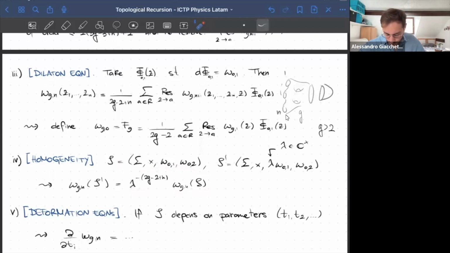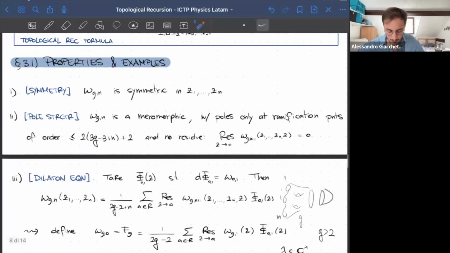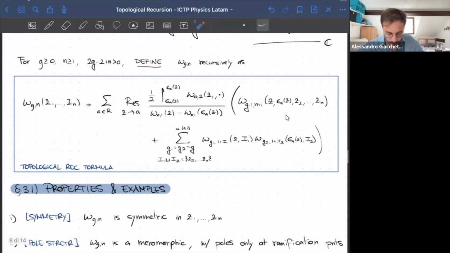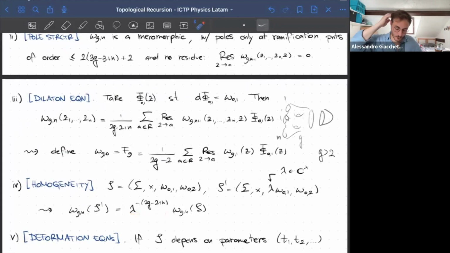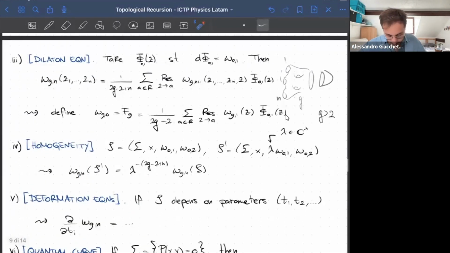And this is very easy to see because omega 01 only appears in the topological recursion formula here in the denominator, and you just have to compute how many times it appears in the recursion, and it's precisely 2g minus 2 plus n. Another interesting property satisfied by these topological recursion correlators is something called a deformation equation, which has something to do with Seiberg-Witten theory.